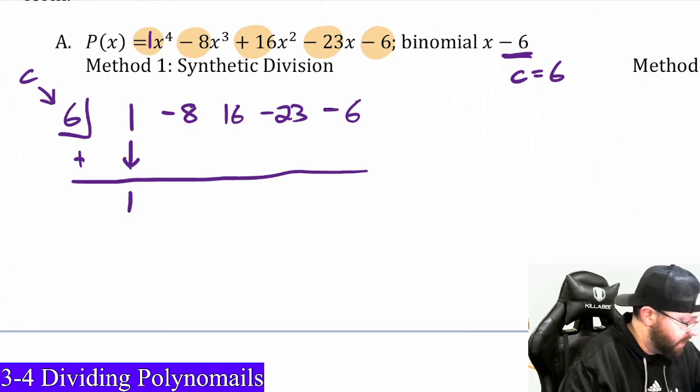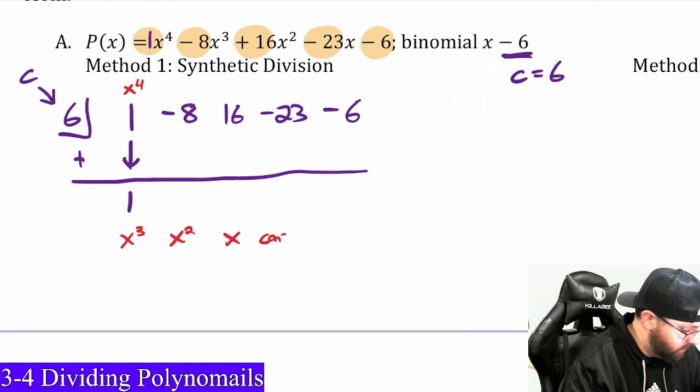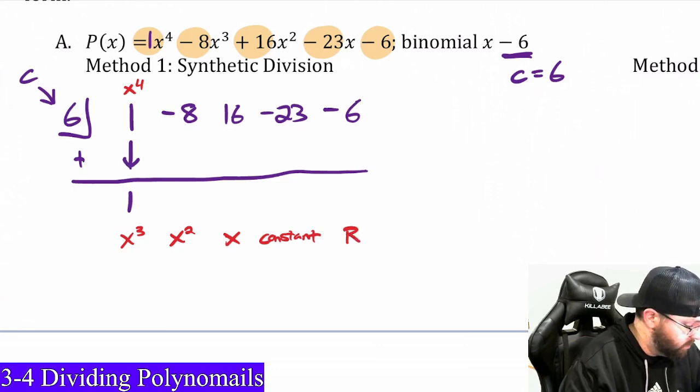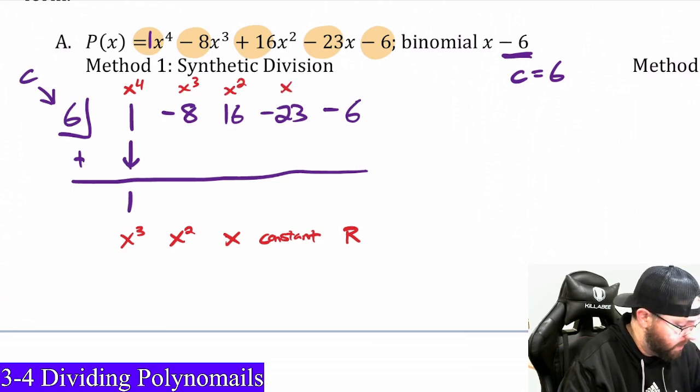Okay, so this is a positive 1, and recall that since this was x to the power of 4, this is now x to the power of 3. Right? It's always going to be 1 less. So this will be x squared, x, our constant, and then this is going to be our remainder r. Right? Because this was x cubed, x squared, x, and our constant in the original polynomial.